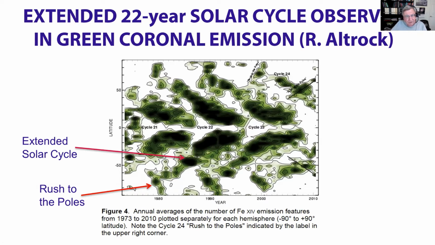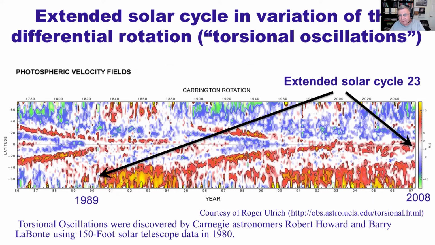What is interesting is that this extended solar cycle is also detected in the so-called torsional oscillations. It's zonal flows. Torsional oscillations are not really oscillations, it's a historical term introduced by Bob Howard and Barry LaBonte when they first detected it from Doppler shift measurements on the surface.